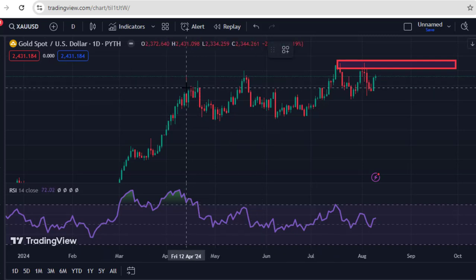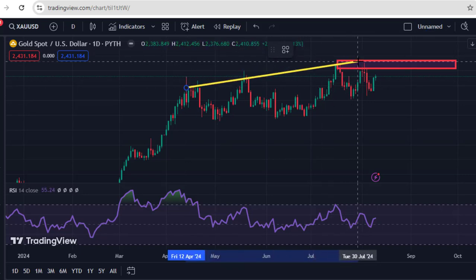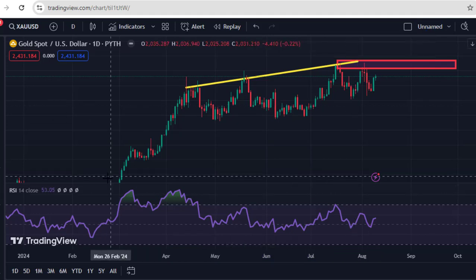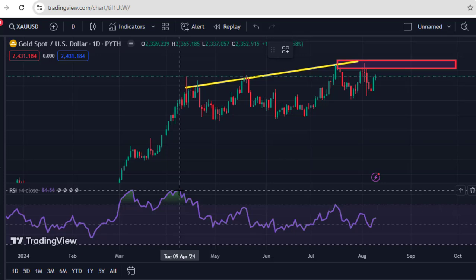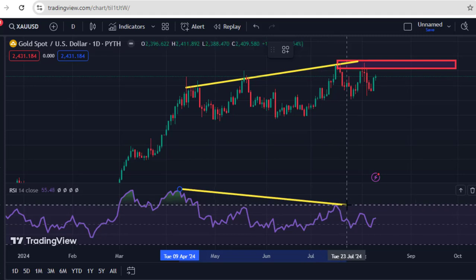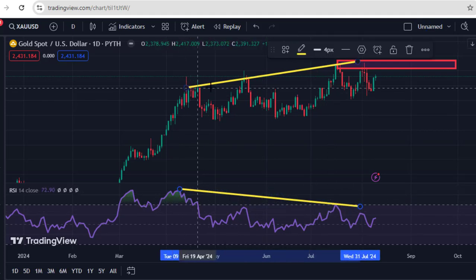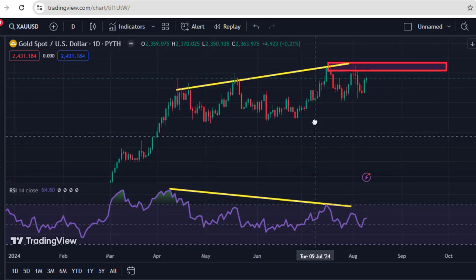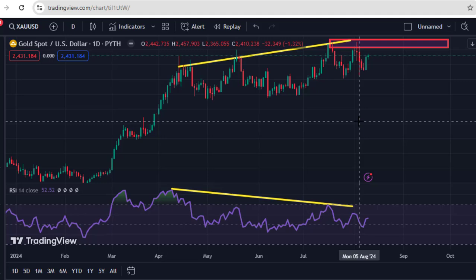And if you look at the indicator and you drop from the exact same point, at this very area all the way to where we have this very area, you see that the indicator is coming back down. So we are having a low at this very point on the indicator, but the price is creating higher highs, which means the market is going to come back to the downside on the 1-day chart.